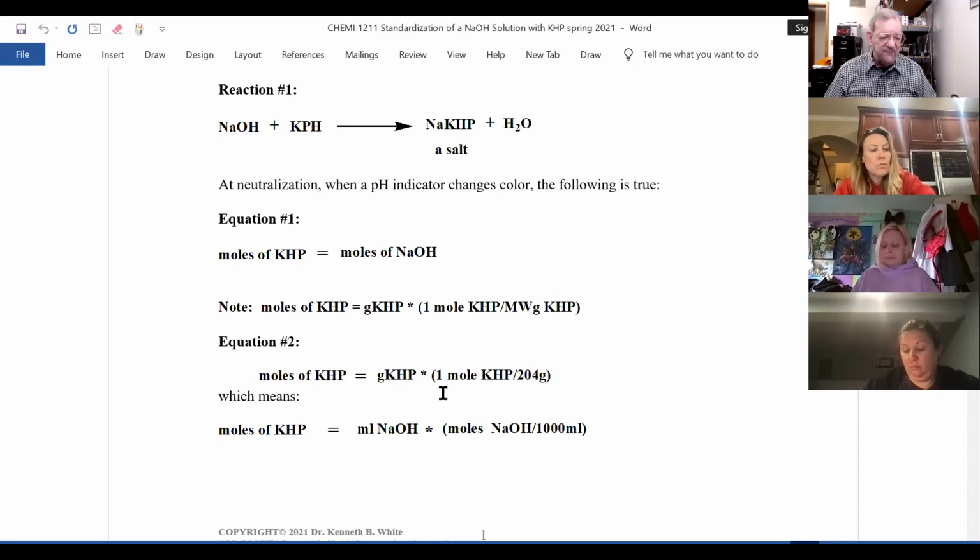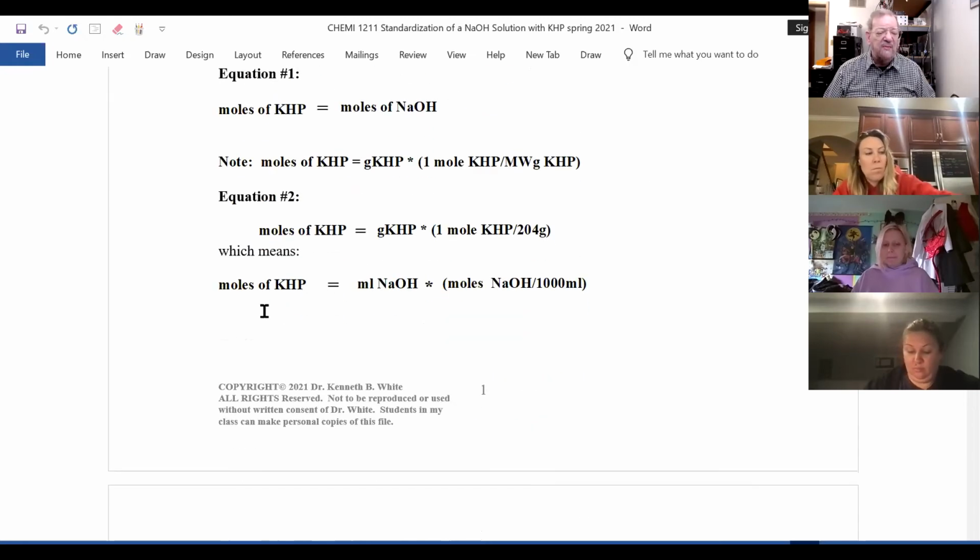You can look it up. So you can calculate the moles of KHP used right here, and then you'll titrate it with milliliters of sodium hydroxide. And remember from titration, moles of something with a concentration of solution is milliliters times moles per 1,000 milliliters. That's molarity.